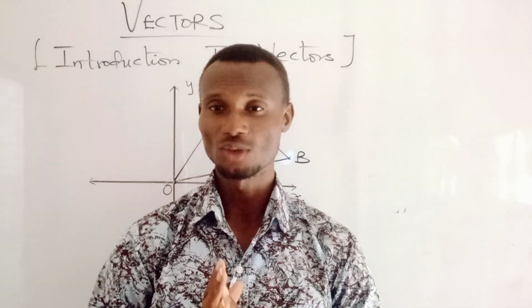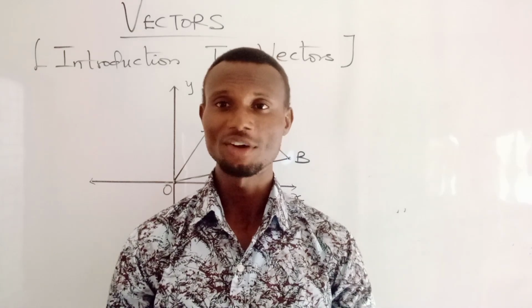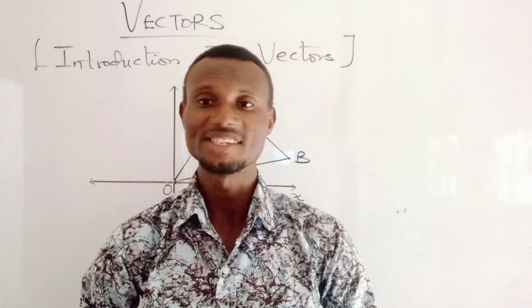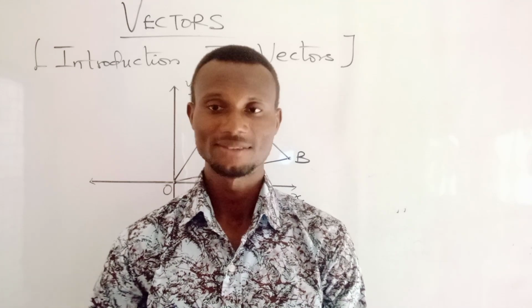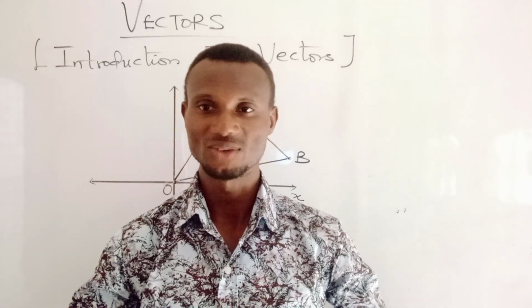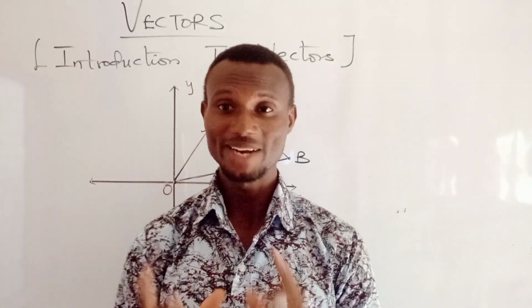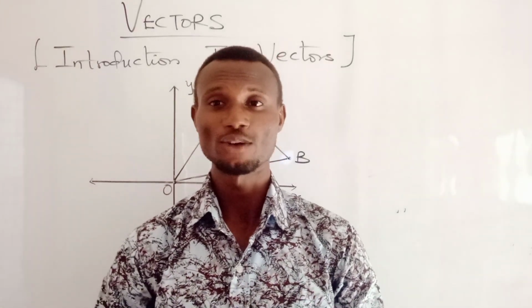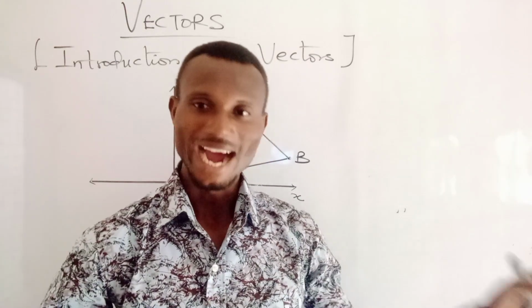So now let's talk about displacement. In simple terms, displacement simply means the change of position of an object from one point to another point. As simple as that. I'm going to repeat it one more time. Displacement simply refers to the change of position of an object from one point to another point.